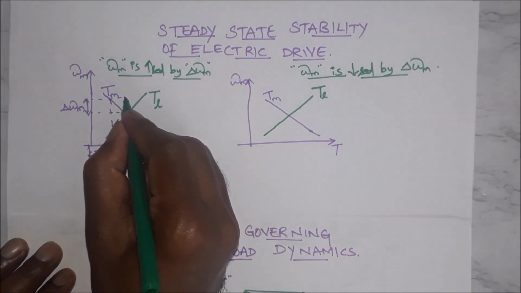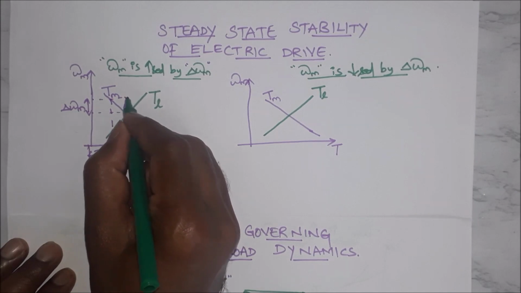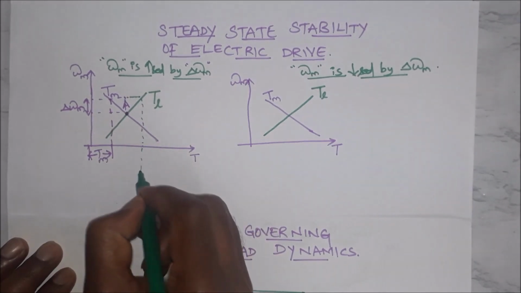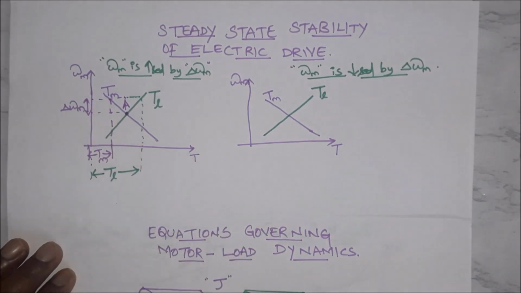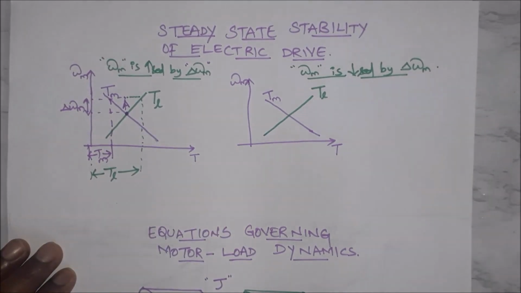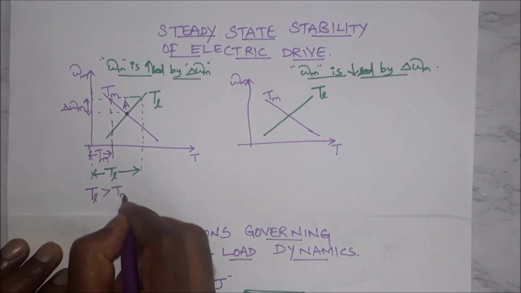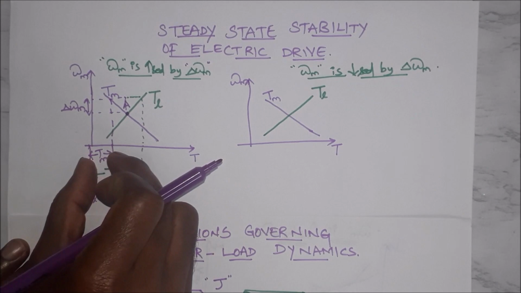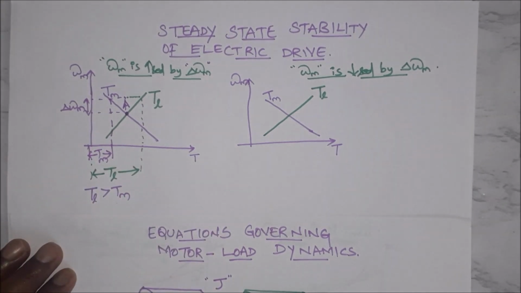So at this point, just extend towards your TL. Coming to the x-axis, this much is your load torque. So now compare both. What is happening is your load torque is greater than your motor torque. Your load torque value is this much, whereas your motor torque is this much. Therefore, your load torque is greater than motor torque.